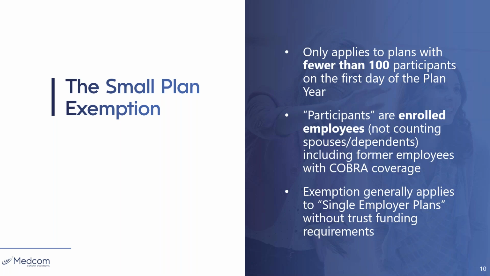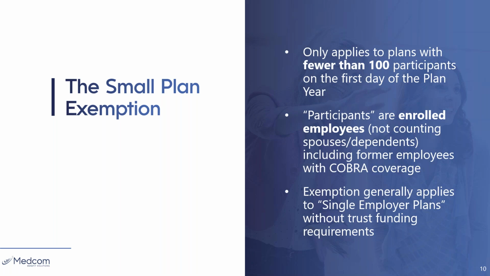Further, our participants, are they enrolled employees, not counting spouses and dependents? We want to be absolutely sure that when we're looking at participant counts, we're counting employees only for determining whether or not a filing is compelled. And then also the exemption generally applies to single employer plans without trust funding requirements.